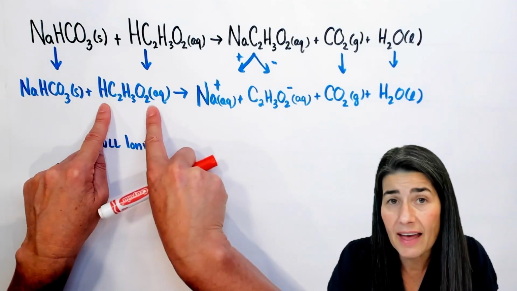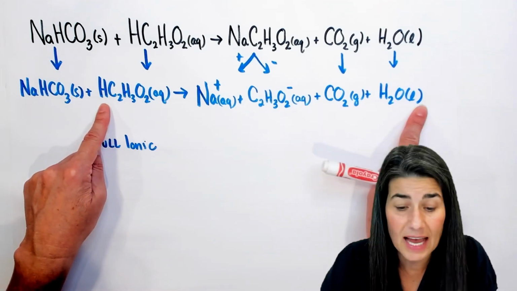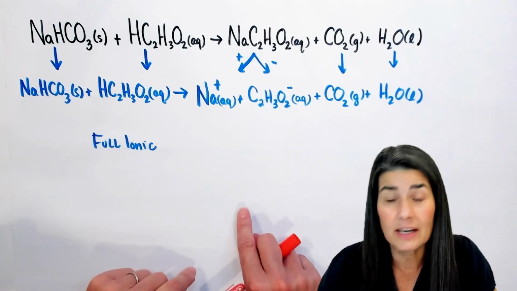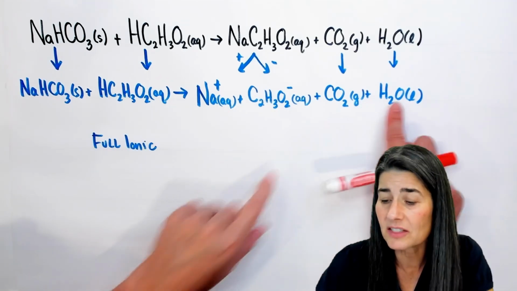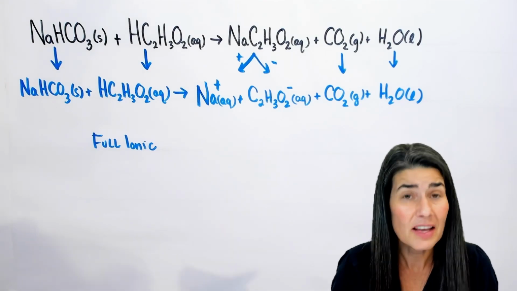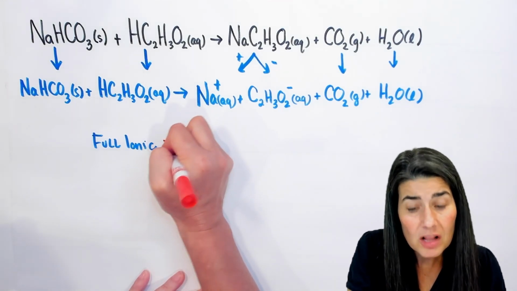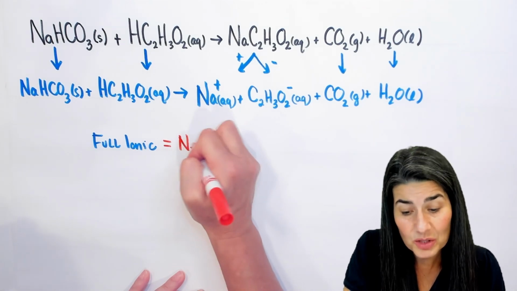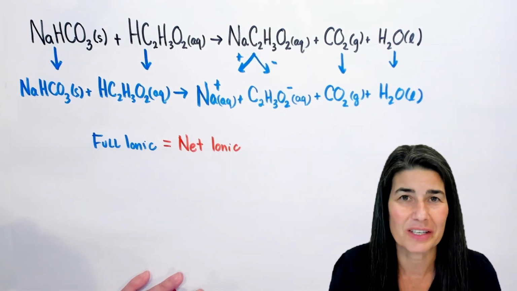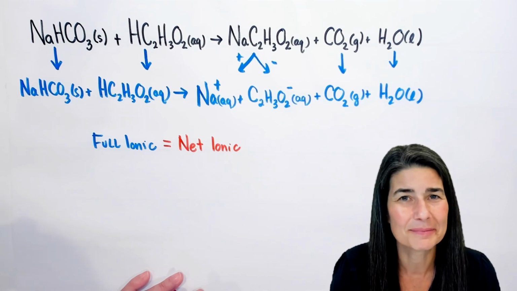I don't have an undissociated acetic acid. There is no sodium ion on the left, acetate ion by itself on the left, carbon dioxide or water. So in this case, there are no spectator ions. So in this case, the full ionic equation is also exactly the same as the net ionic equation. I hope that helps. Take care.